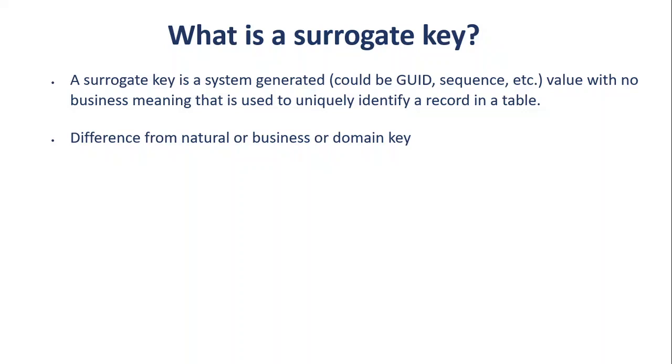So a surrogate key is something we add to our table, while natural, business or domain keys are those which exist in the table, and they can be used as a primary key too. For example, a surrogate key is a literal sequence of 1 2 3 4 5 which has no meaning related to the data, whereas a natural or business key could be a social security number, PAN card, Aadhaar card, or a phone number, those kinds of things.